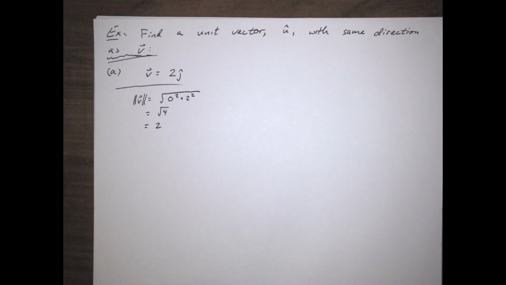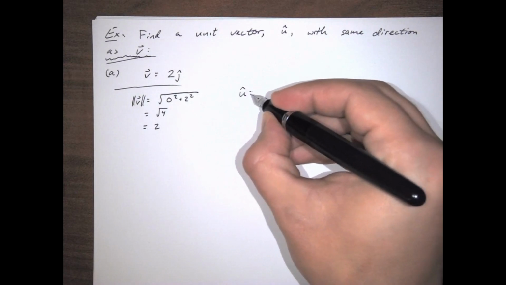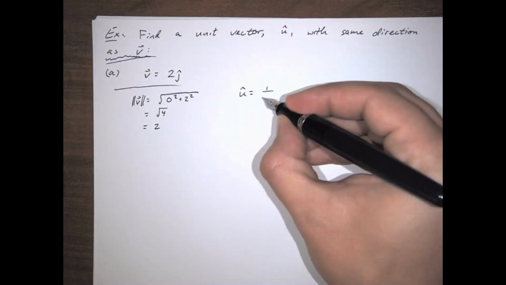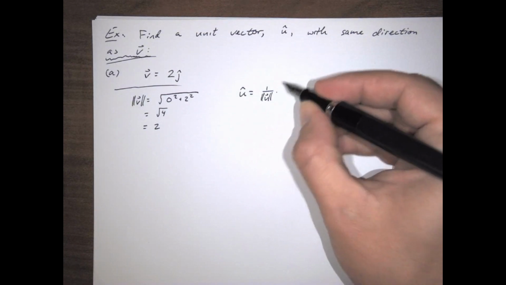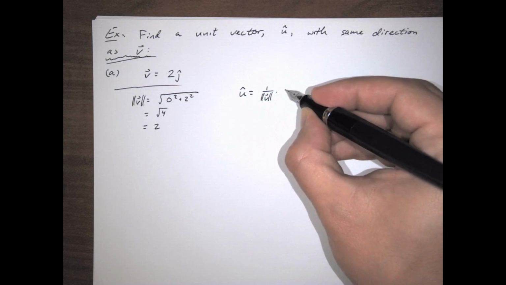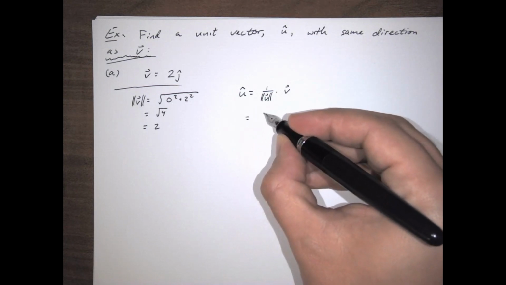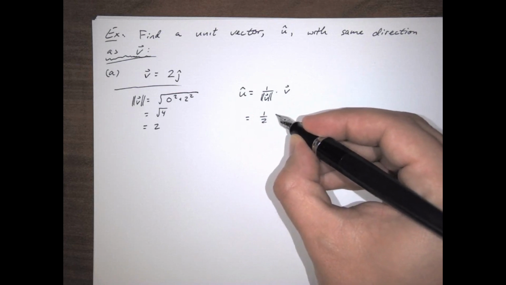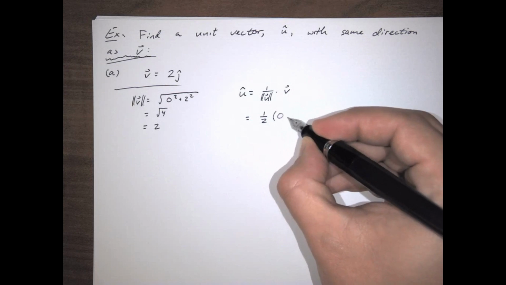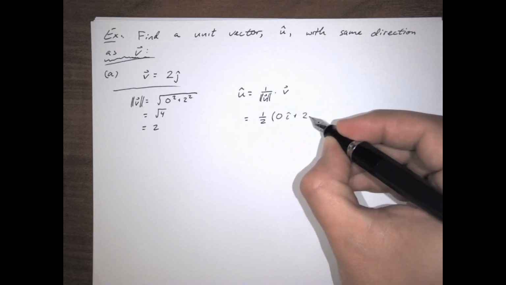Okay. So then u is equal to 1 over the magnitude of v as a scalar times v, which is just going to be equal to 1/2 times 0i plus 2j.